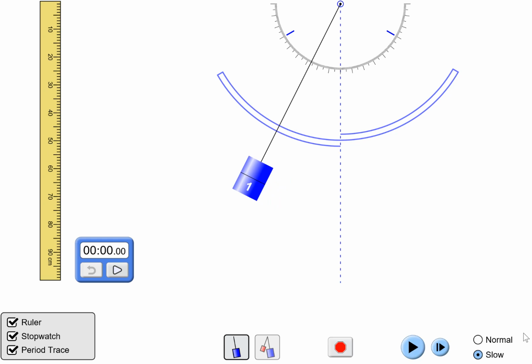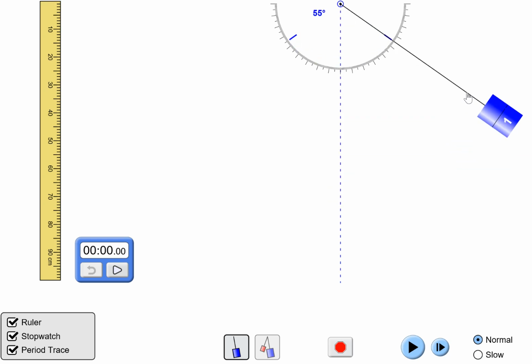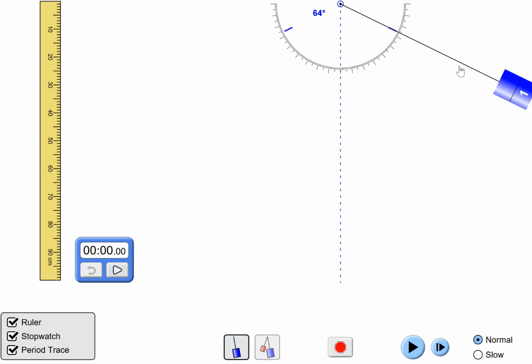Now let me show you how fast a normal oscillation is. I'm putting the normal mode and here I'm oscillating. I'm taking 60 so that it's easy for me to keep in mind, because when I'm taking multiple oscillations I need to keep a fair angle, right? So 60 is easier for me to remember.